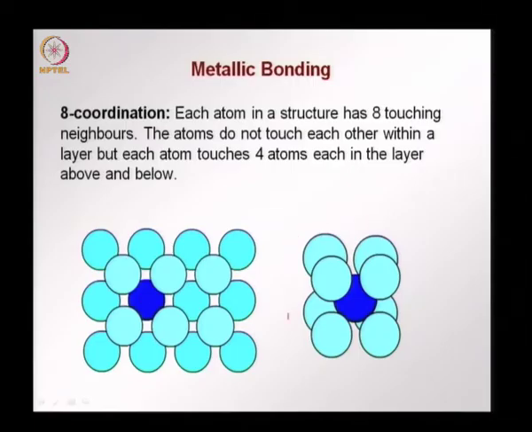Here you see how the dark blue atom has 8 other atoms touching it. This is not as closely packed as the 12 coordination, but also gives rise to a dense structure within the crystal lattice.